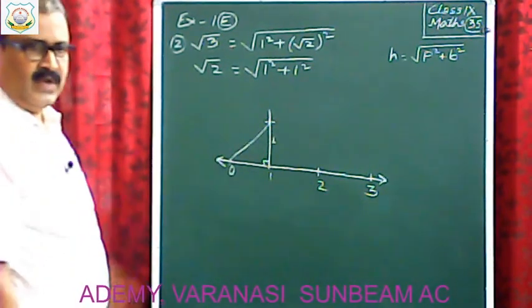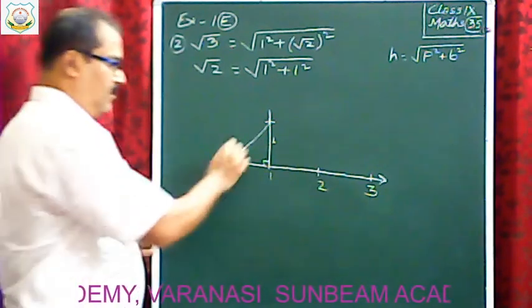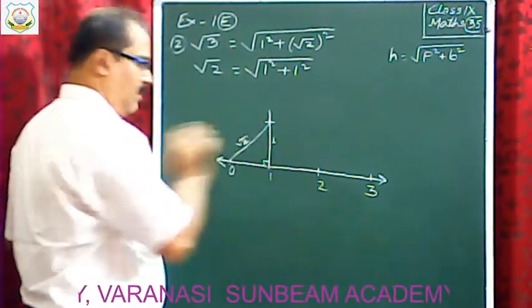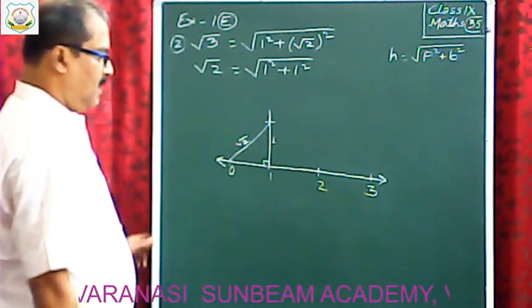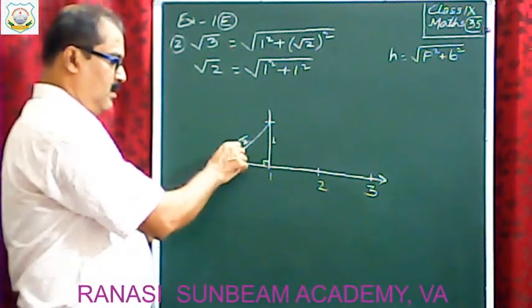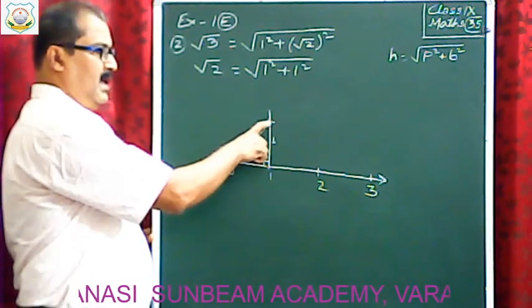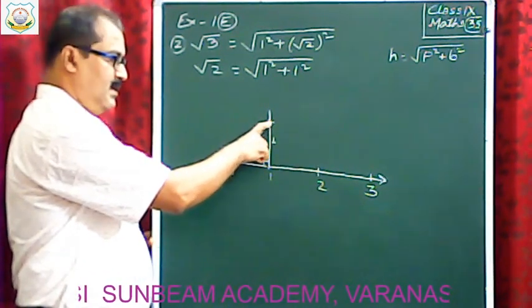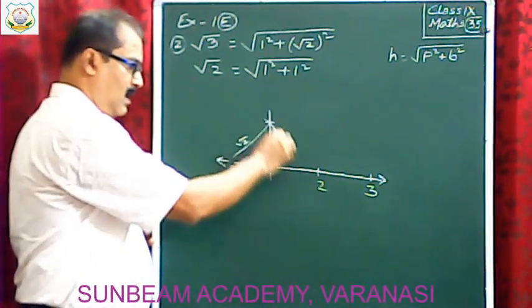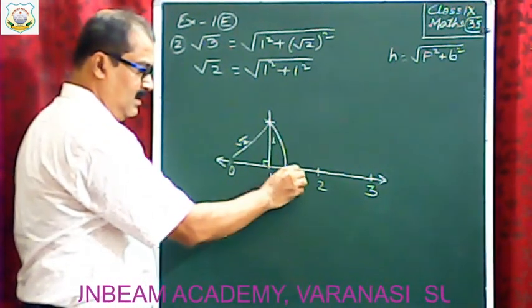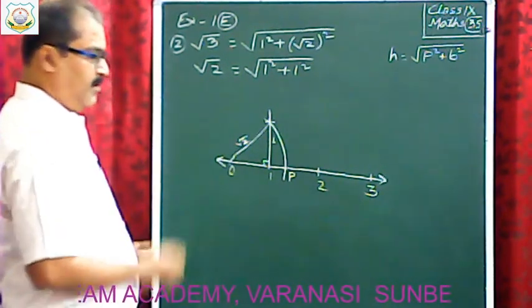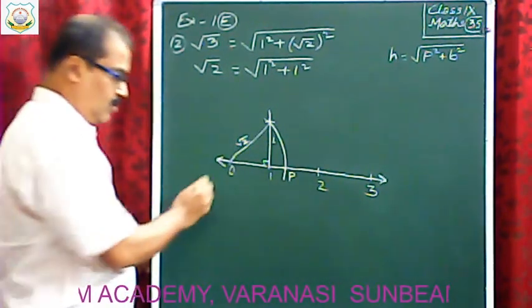Then you get a right triangle, and the length of the hypotenuse must be square root 2 units by Pythagoras theorem. Thereafter, with the point 0 as center and the length of the hypotenuse as radius, draw an arc intersecting the number line at P. That point P represents square root 2.